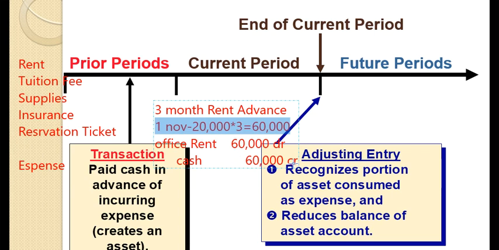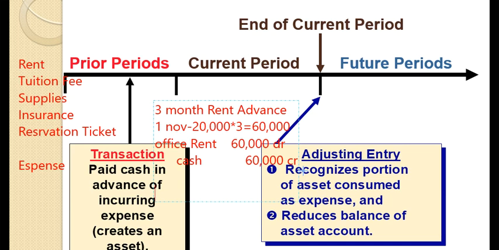So now, if I am going to close our income statement and report the income statement of November, then what will I write for the office rent? Will I mention the office rent as 60,000?